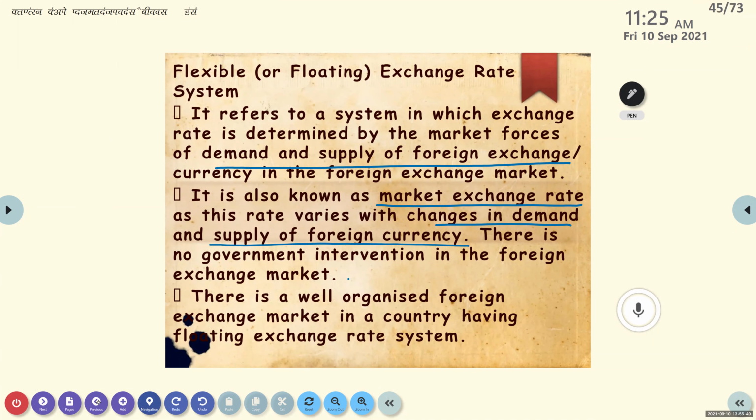Yes, ma'am. What are the two types of exchange rates? Floating, correct. Floating and fixed.